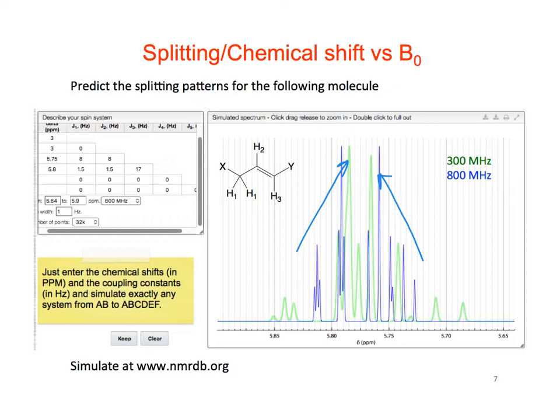Even though when it gets second order like this, really, the chemical shift is not exactly in the middle of that signal anymore. The second order starts to skew it off to the side a little bit. Let's see if we can see that. So this one should be right at 5.8, is what I put in for that signal.